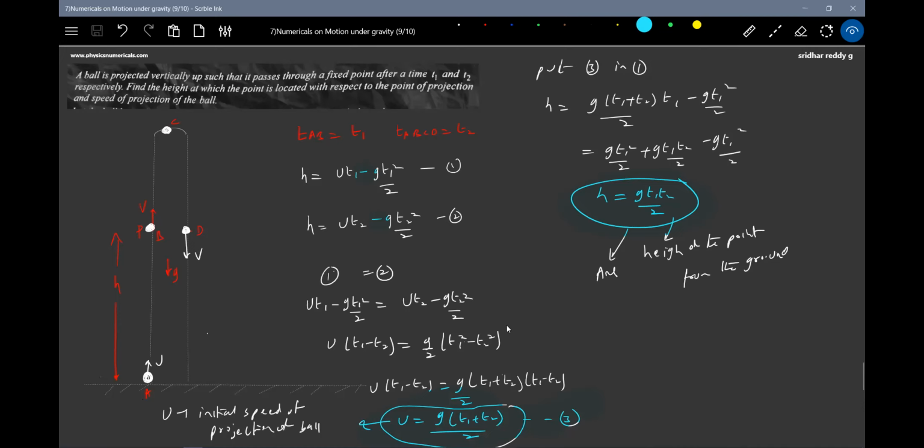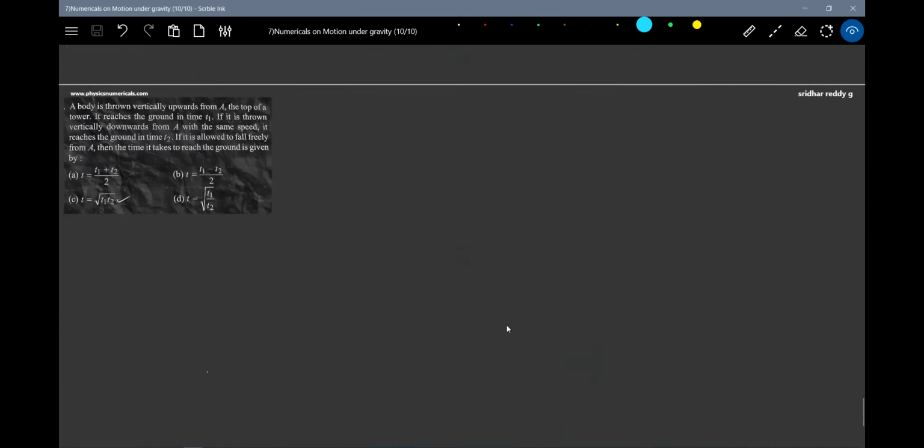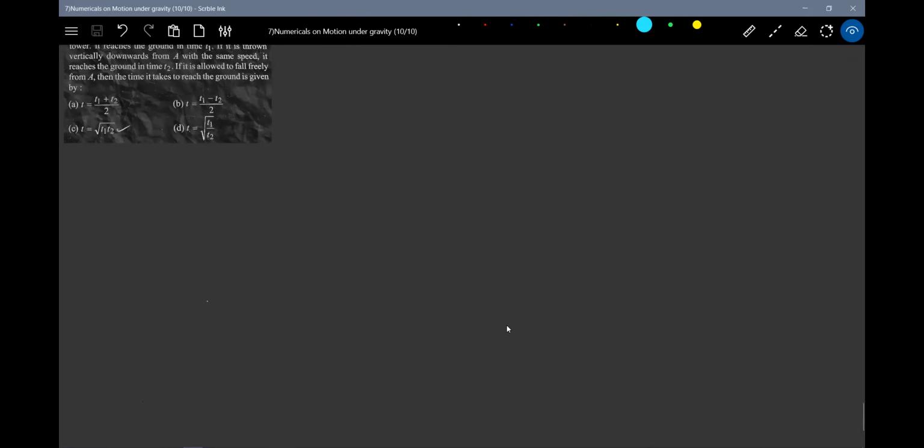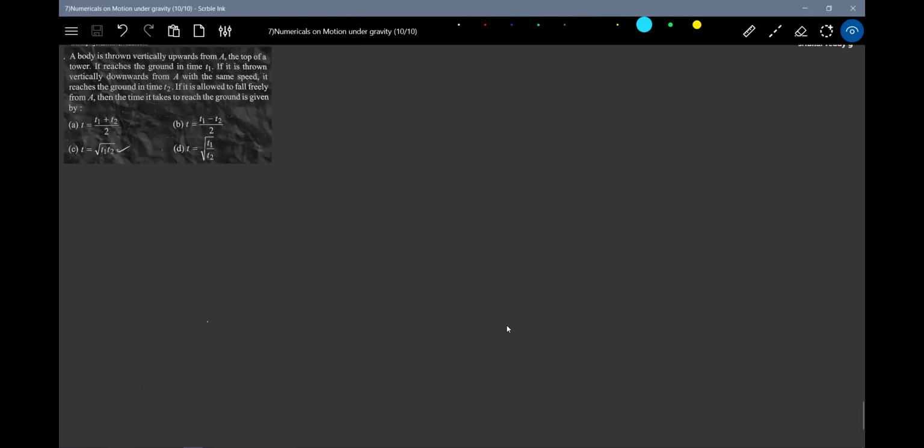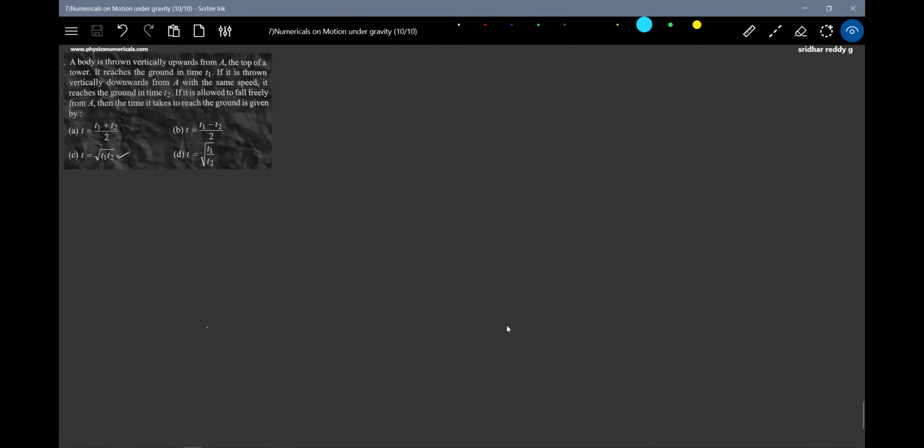Last, we'll have one more numerical. A body is thrown vertically up from the top of a tower.